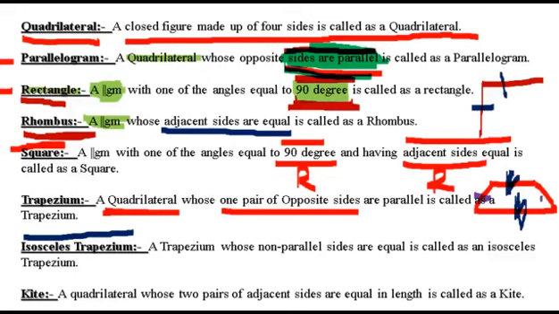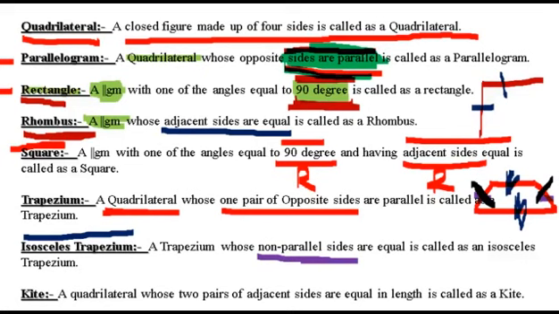What will they be called? Yes, they're called non-parallel sides. And a trapezium in which non-parallel sides are equal. That means a trapezium in which these two sides, these non-parallel sides become equal to each other is called an isosceles trapezium. Understood this?